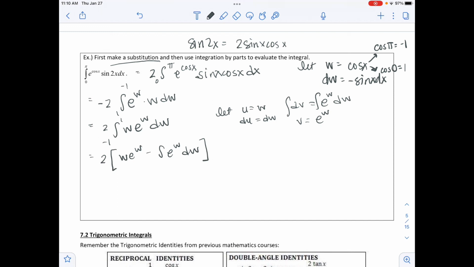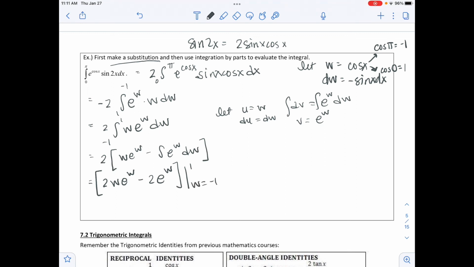And then we need to still integrate this, and then we need to evaluate this, in terms of w, going from -1 to 1. So we have 2w e to the w as I distribute that 2 in, and then minus 2e to the w. We need to evaluate this whole expression from w equals -1 to 1.